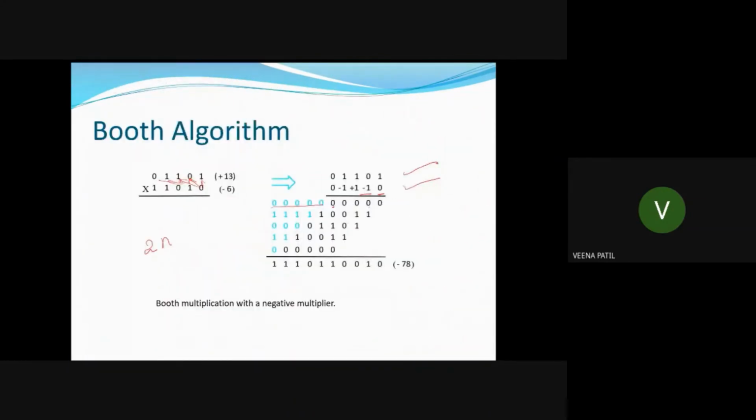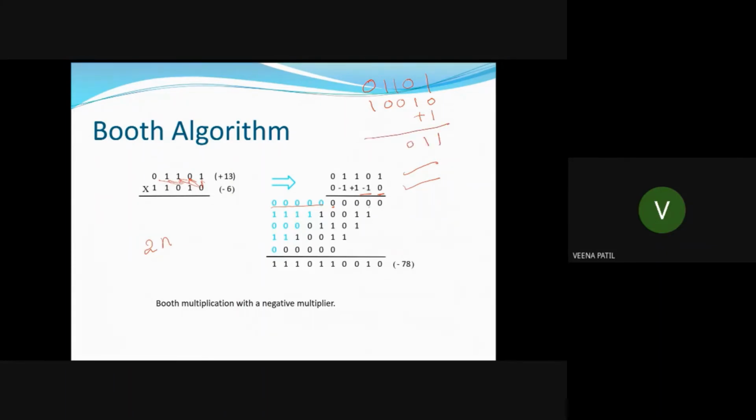So what is my multiplicand? My multiplicand is +13, 0 1 1 0 1. Now how to form 2's complement of this? To form 2's complement, take the 1's complement and add +1 to it.